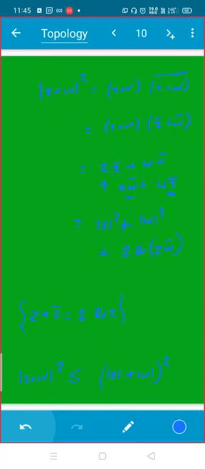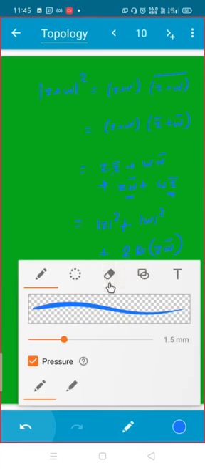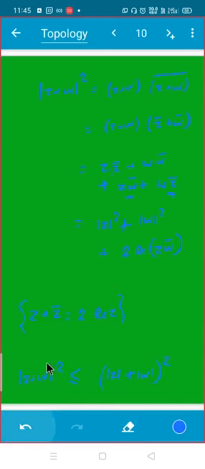Sir, please explain. See, I have already given you the hint, that is z plus z bar equal to 2 times real of z, correct? So this is what I am going to use here. Let me just erase it.